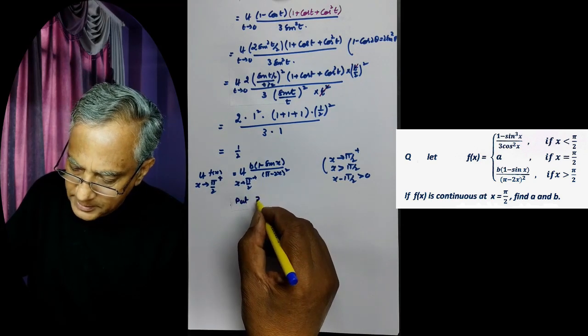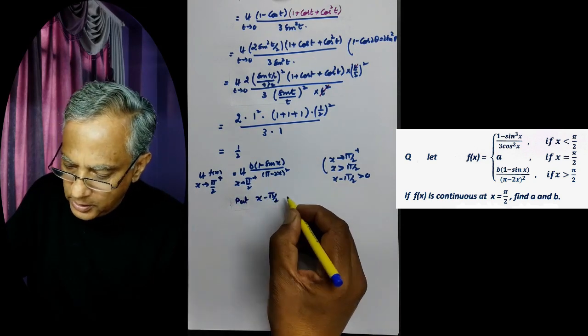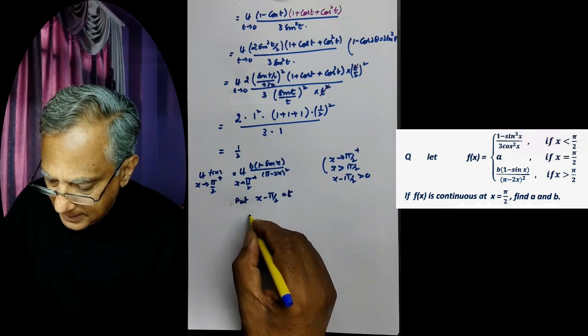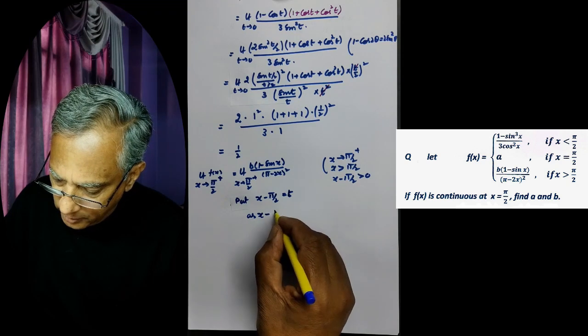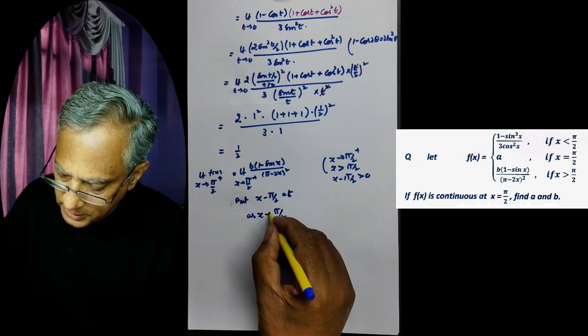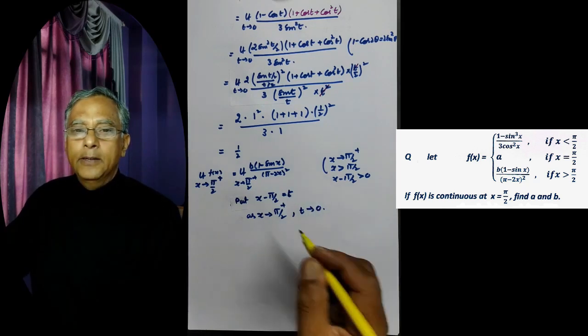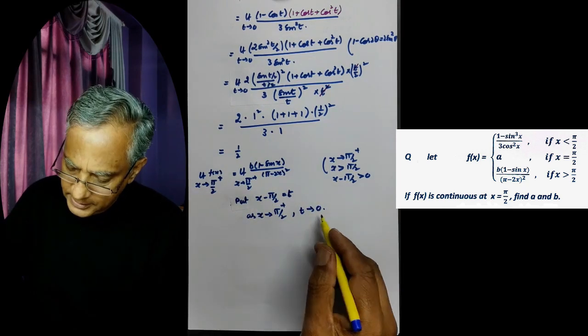x minus pi by 2 is equal to t. So as x approaches pi by 2 from the positive side, t approaches 0. This will be positive. So t approaches 0, we can write.